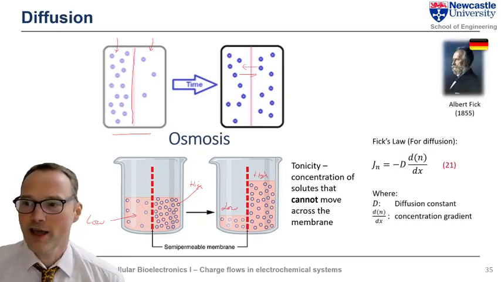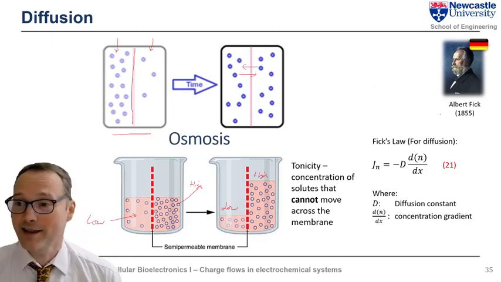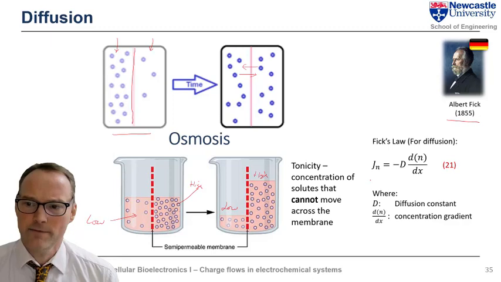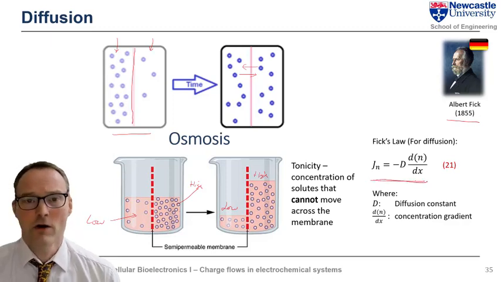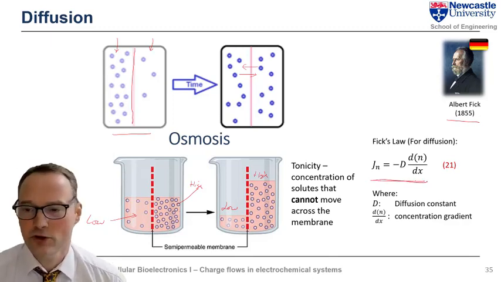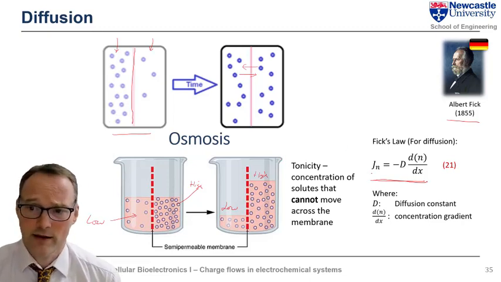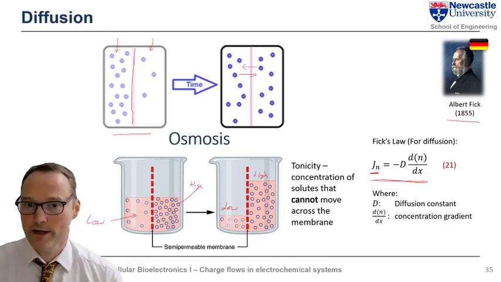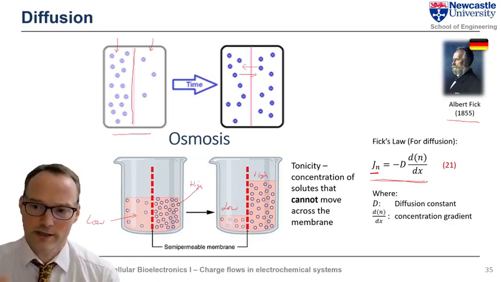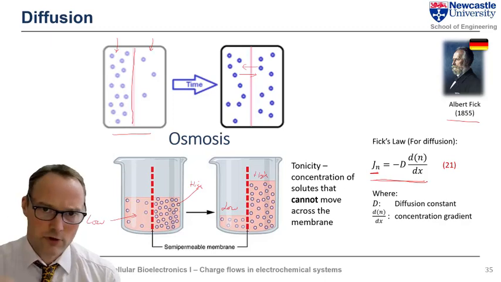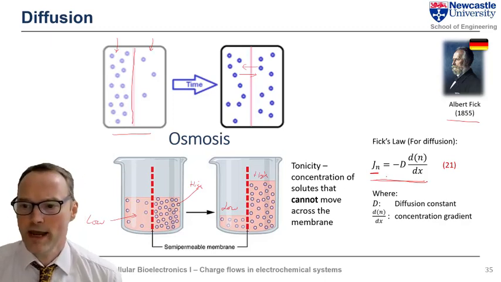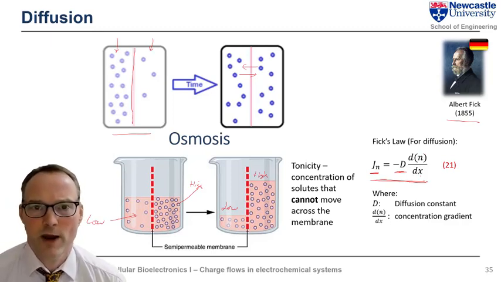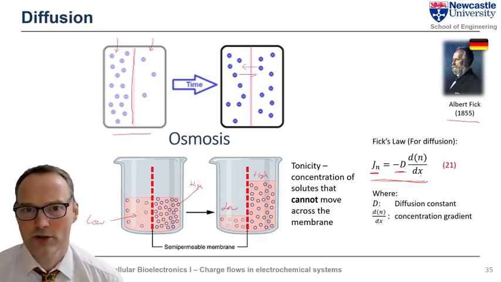Now, the person that developed the concepts around diffusion was Albert Fick, and he developed what's known as Fick's law, which is this diffusion law. It's a very simple law, which says that the current, the movement of these charges or components, could be gas, is related to the diffusion constant times this first order differential equation, which relates to the concentration gradient.